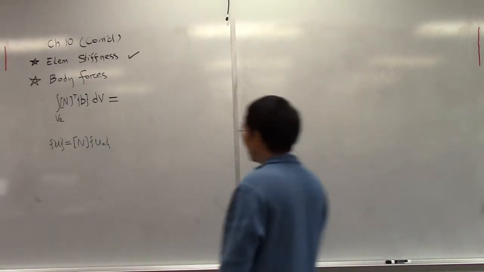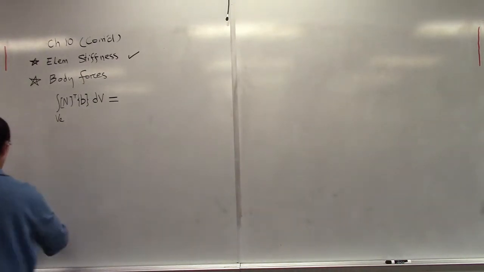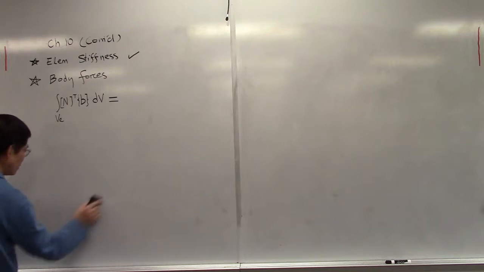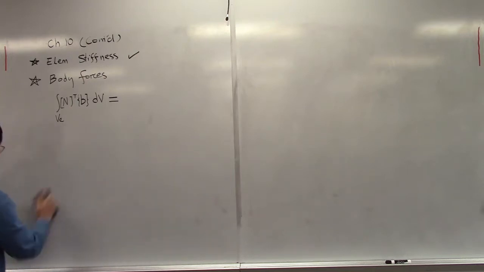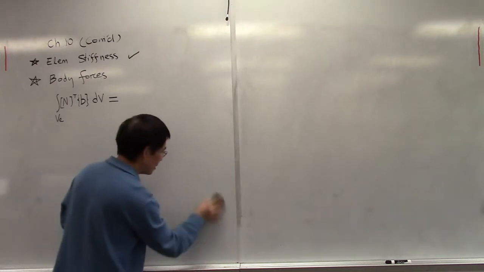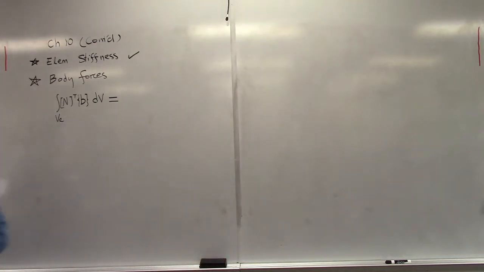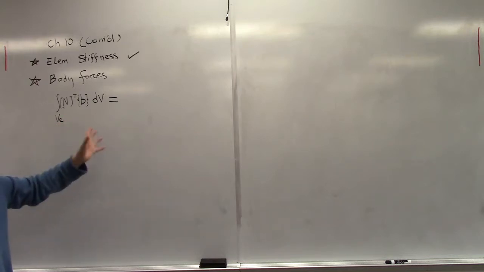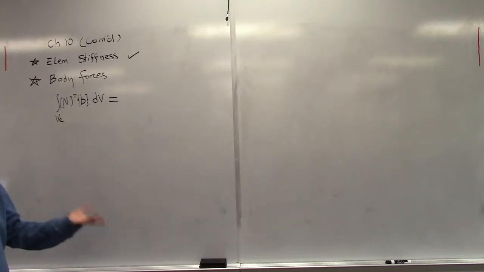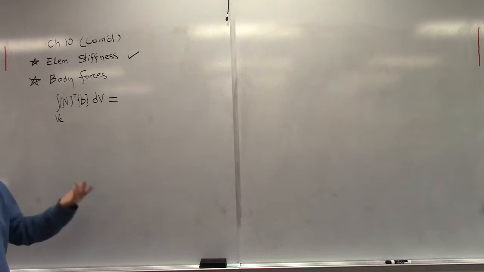B, I mentioned it before. Don't know whether you remember it or not. I said the body force vector B here should be force per unit volume of material. So the unit of that is Newton per cubic meter or pound per cubic inches, something like that.